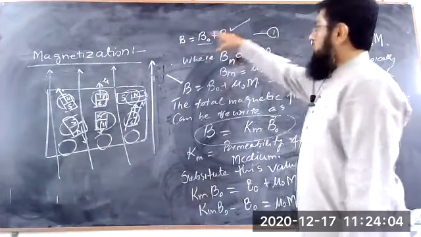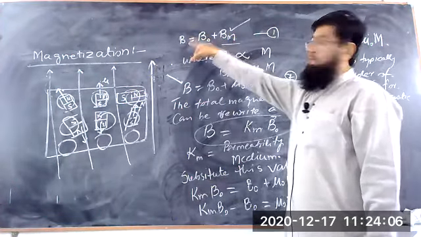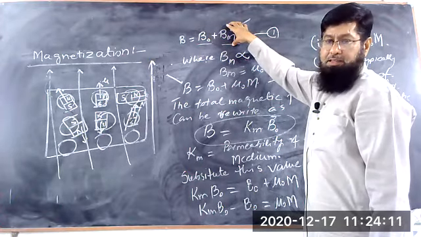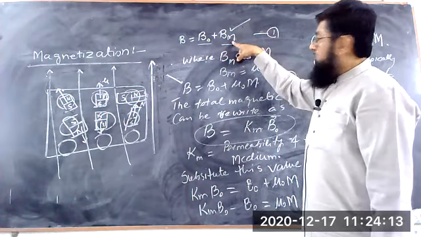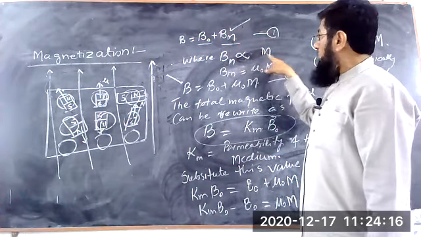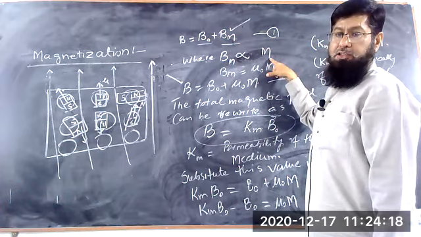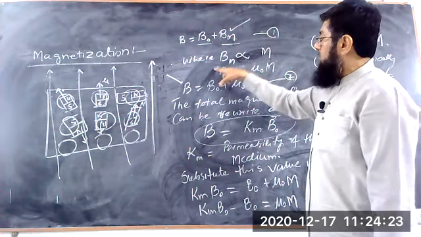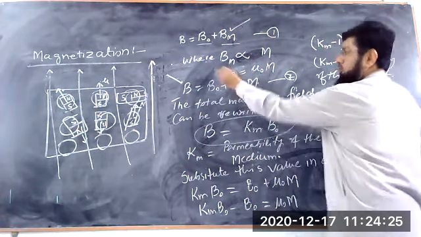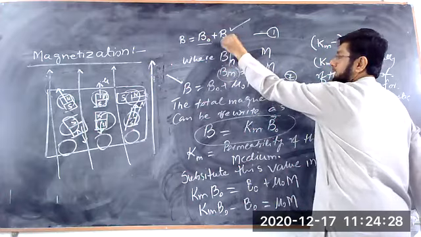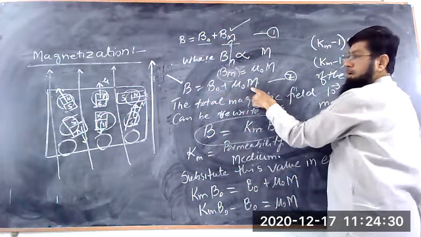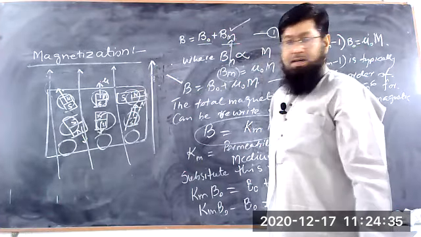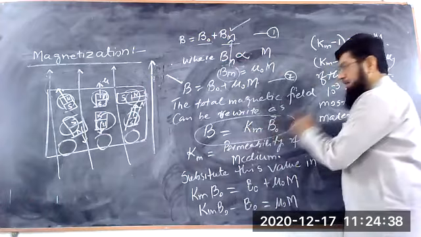So we have seen that the total magnetic field is the external magnetic field plus the magnetic field due to the magnetization. The magnetic field due to the magnetization is directly proportional to the magnetization, and mu naught is the constant. Another relation is that the total magnetic field of a material is equal to Km into B naught.